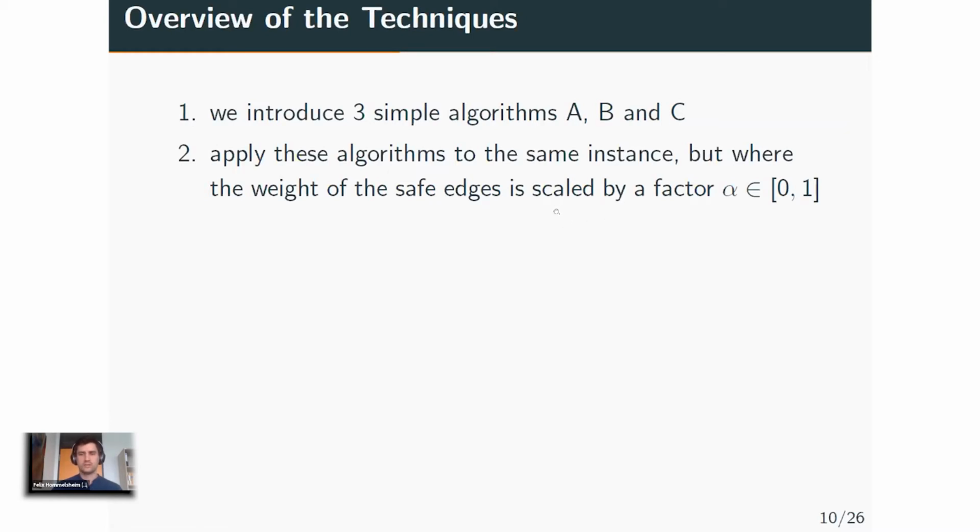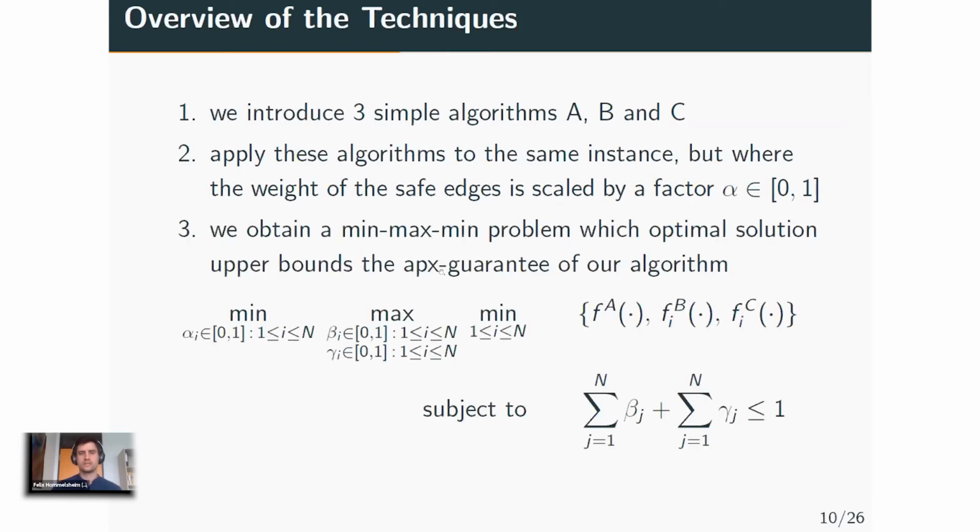Then an upper bound on the approximation factor of our algorithm is an optimal solution to this min-max-min problem. So if we can solve this min-max-min problem, then we have an upper bound on the approximation guarantee of our algorithm.